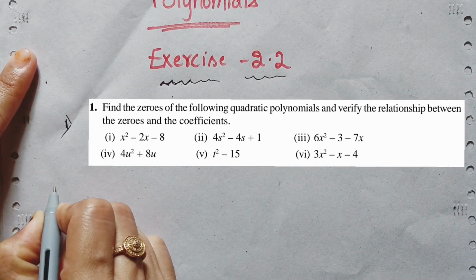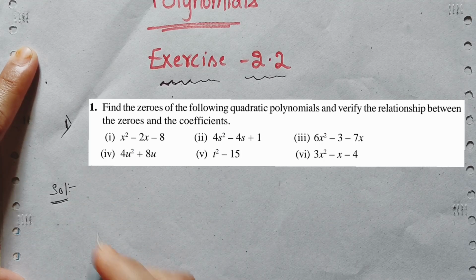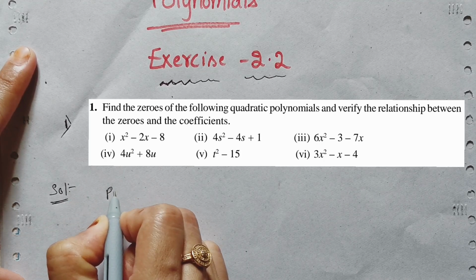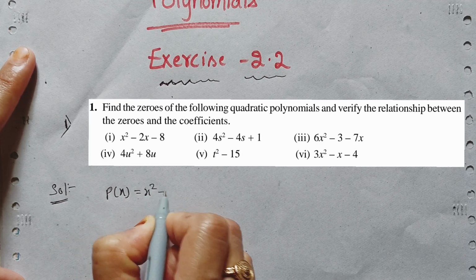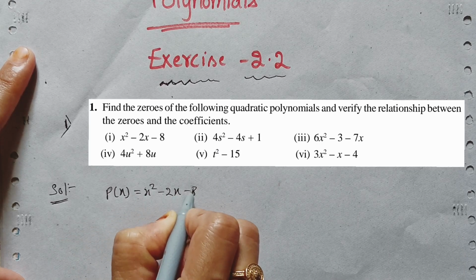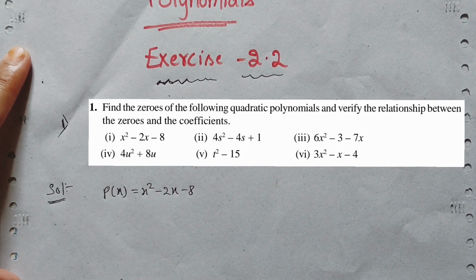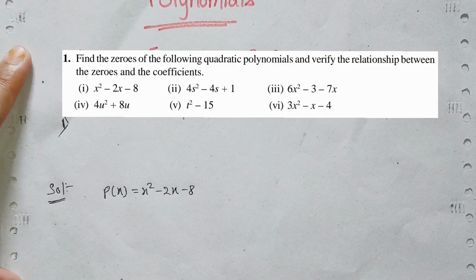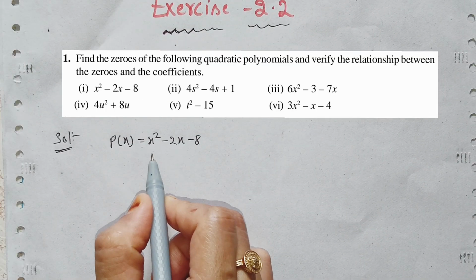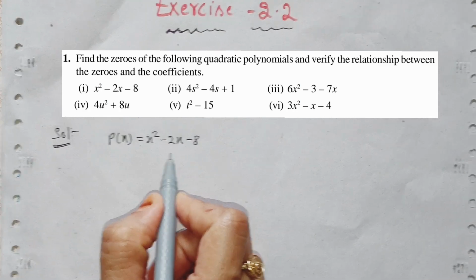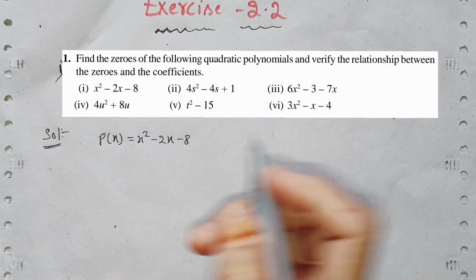So solution is, first of all, we'll write what is given. The given polynomial is p of x equal to x square minus 2x minus 8. For getting the zeros of this given polynomial, first we have to equalize this polynomial to 0.